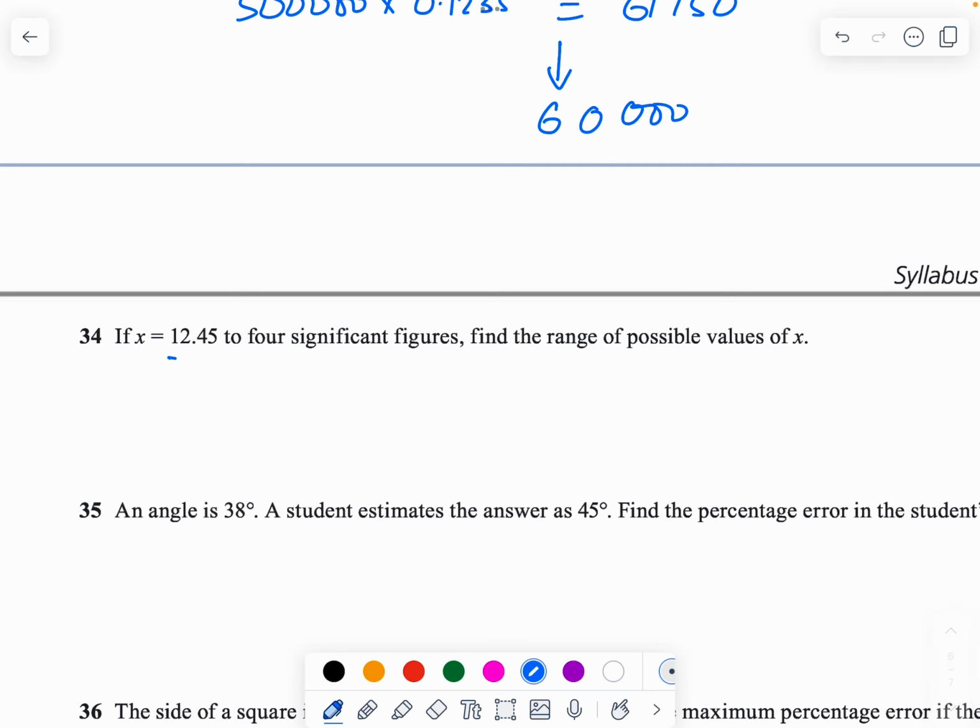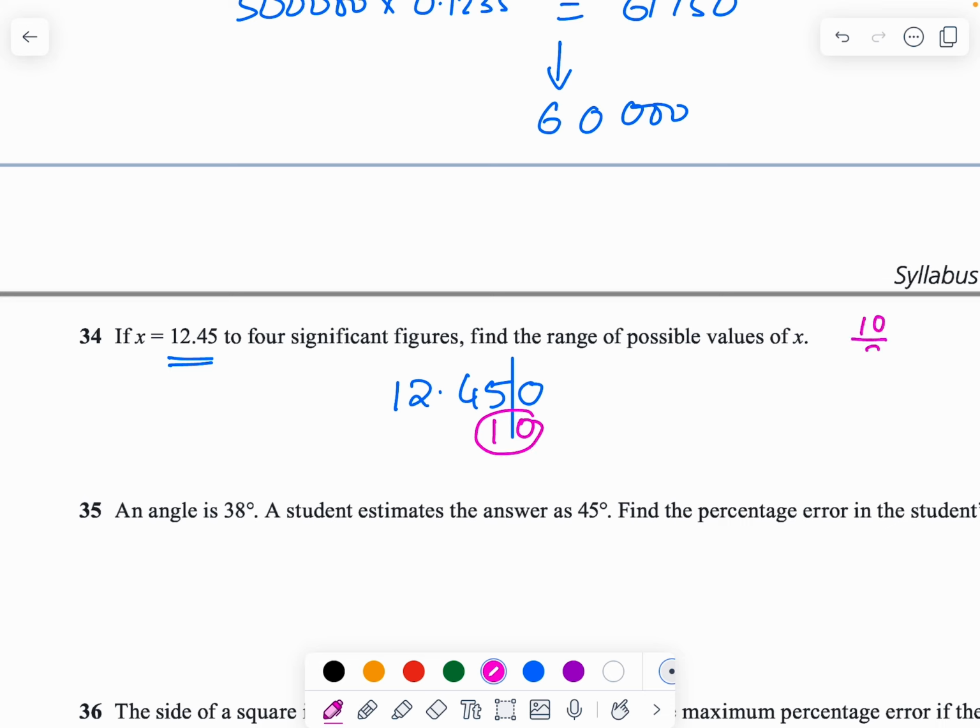Now 12.45 is to 4 significant figures. So there would have been 0 over here. Four significant figures means draw a line over here. So this is 50. Or else what I can do, draw a line over here, so it would have been rounded off to 10.